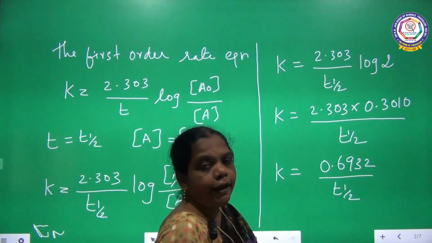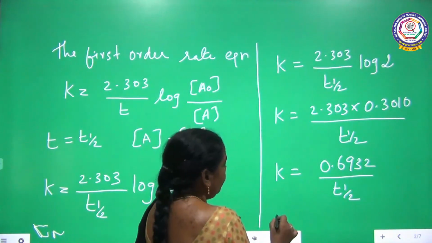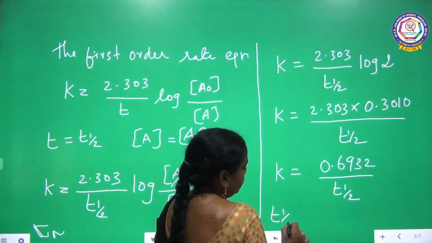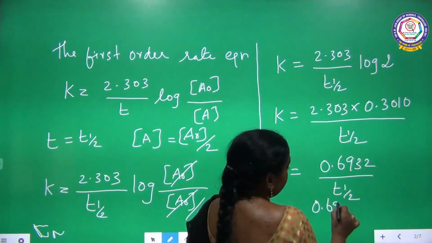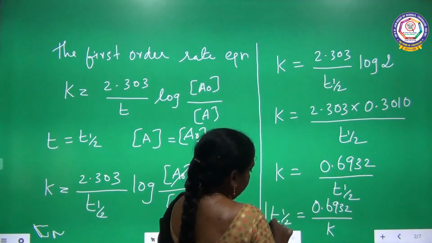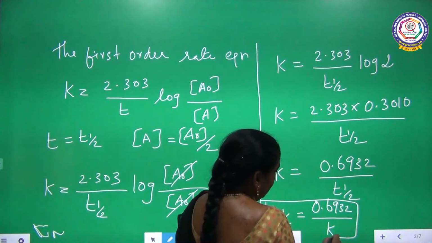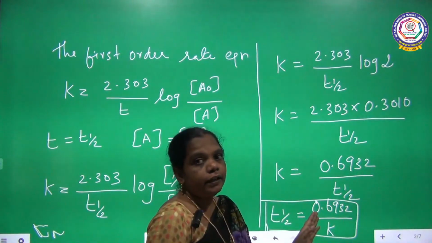Now, we want to find t half, the half-life period. So, t half equals 0.6932 divided by k. This is the half-life period for the first order equation.